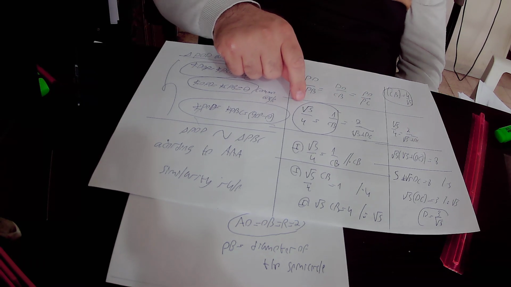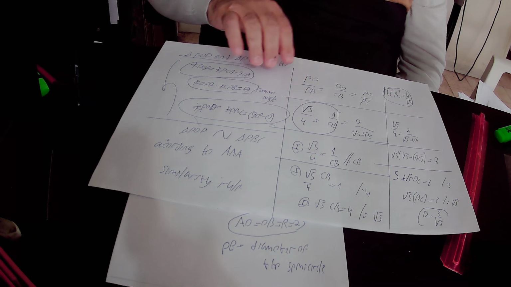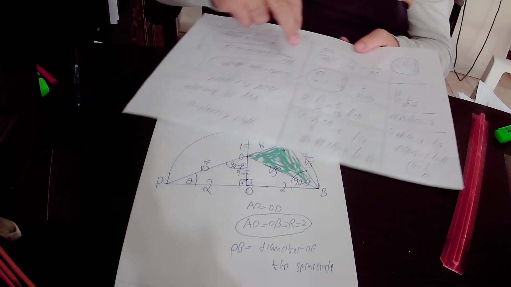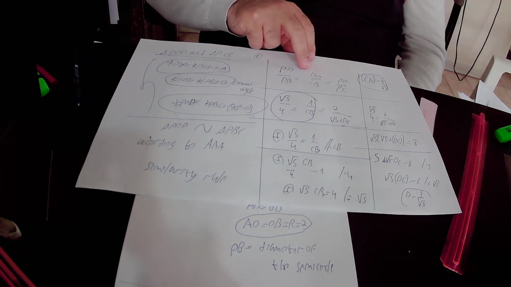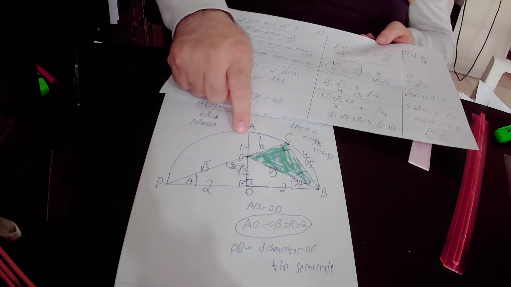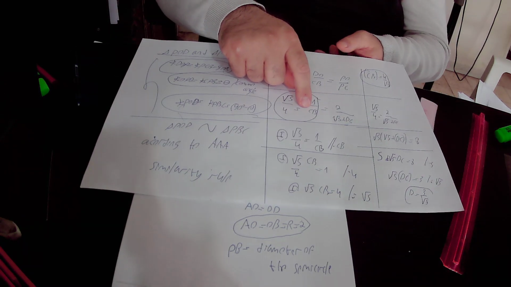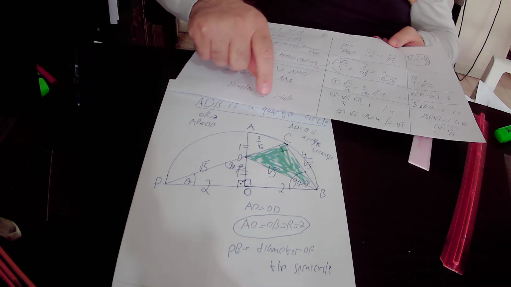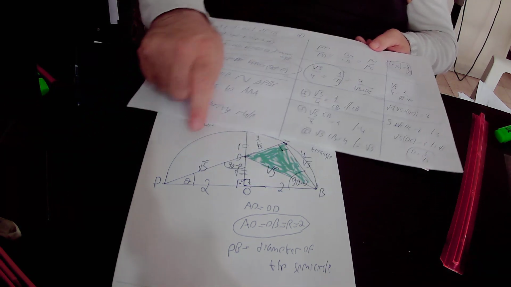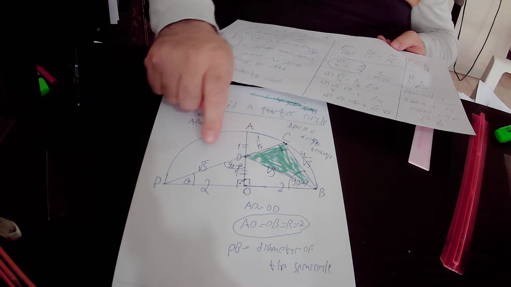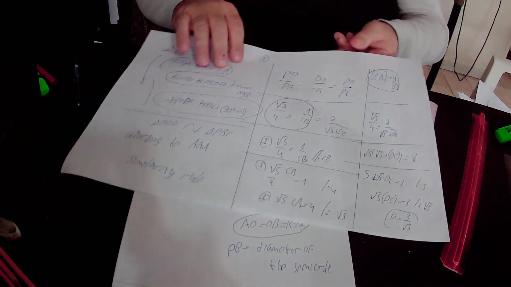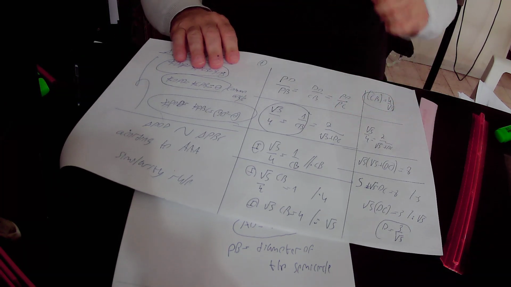PD is equal to square root of 5 units, PB is 4, here PB, 2 plus 2 is 4, so PB is 4, DO is 1, CB is the missing line segment, PO is 2, and PC equals square root of 5 plus DC.